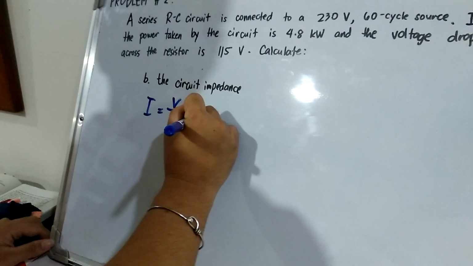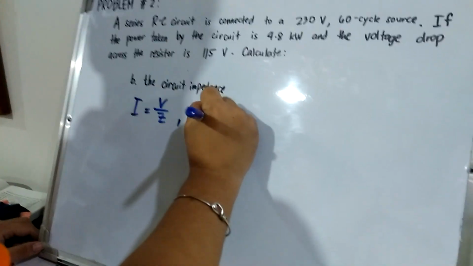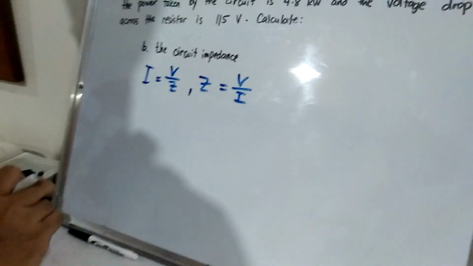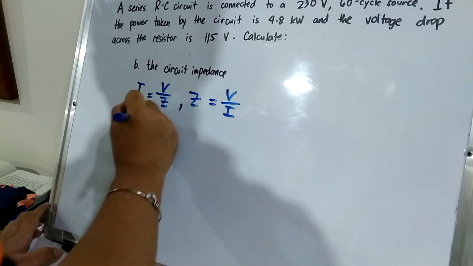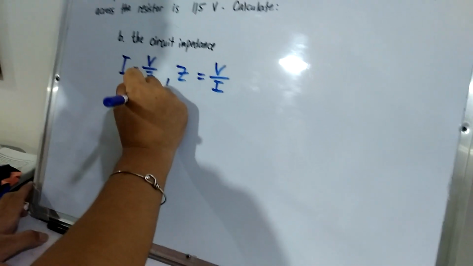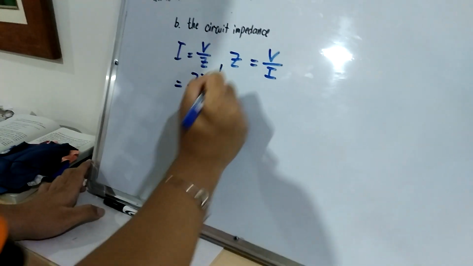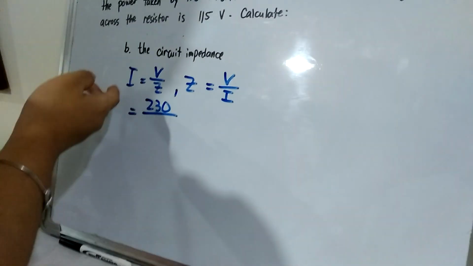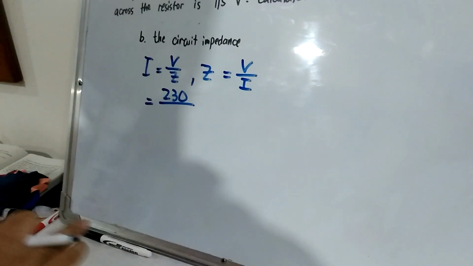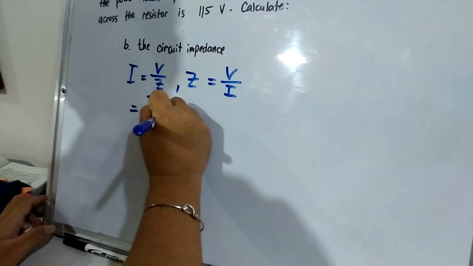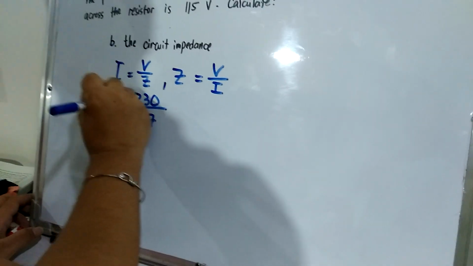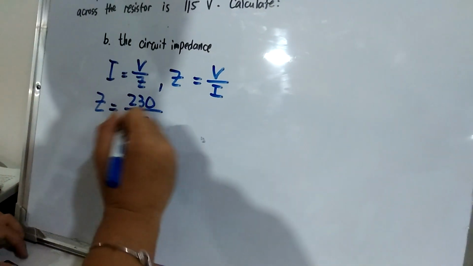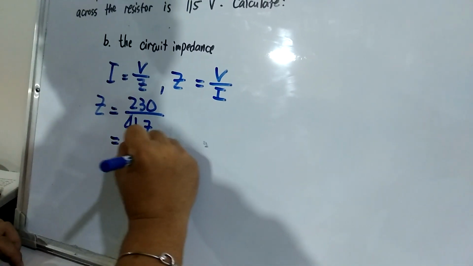Manipulating, we get Z is equal to V over I. By simply substituting the value for the current we found earlier, which is 41.7, 230 divided by 41.7 is equal to 5.51 ohms.